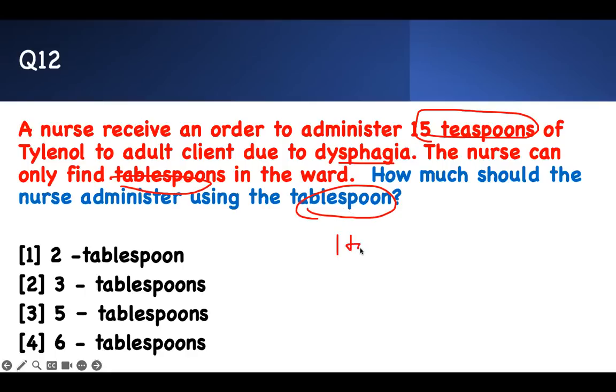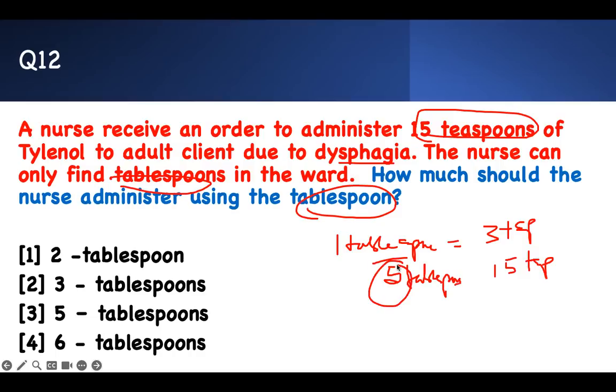1 tablespoon is 3 teaspoons. Therefore, we have 15 teaspoons. We should get 5 tablespoons.